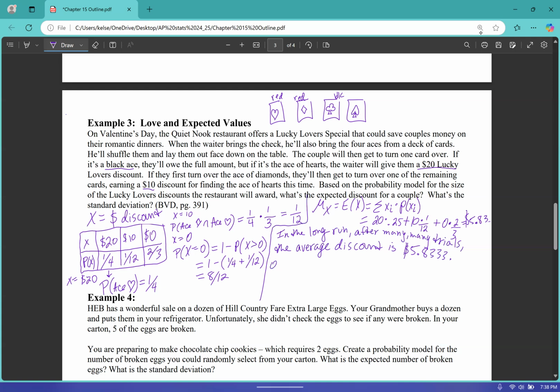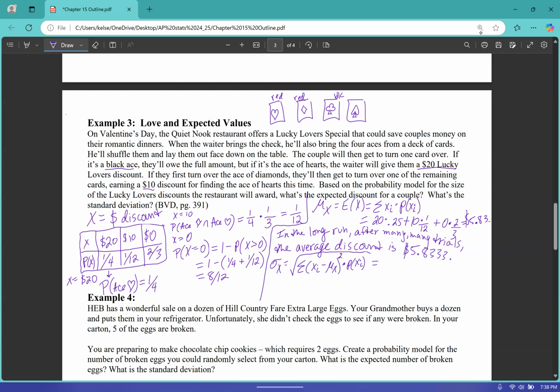Now, standard deviation, your favorite formula. So sigma of x, it's the summation of x sub I minus mu of x squared times the probability of x sub I, and it's the square root of that whole thing there. So now go on and start plugging in.